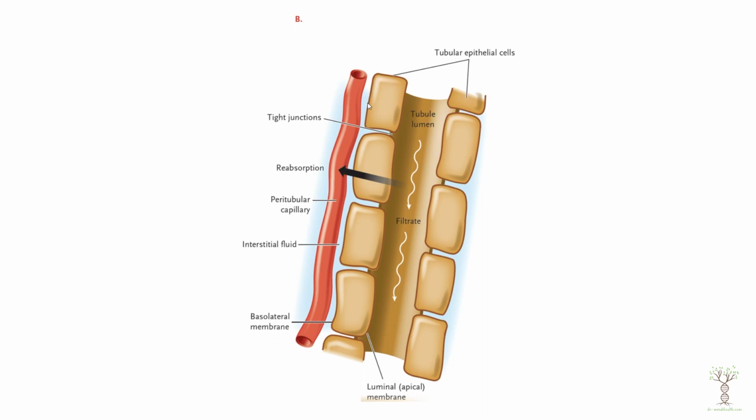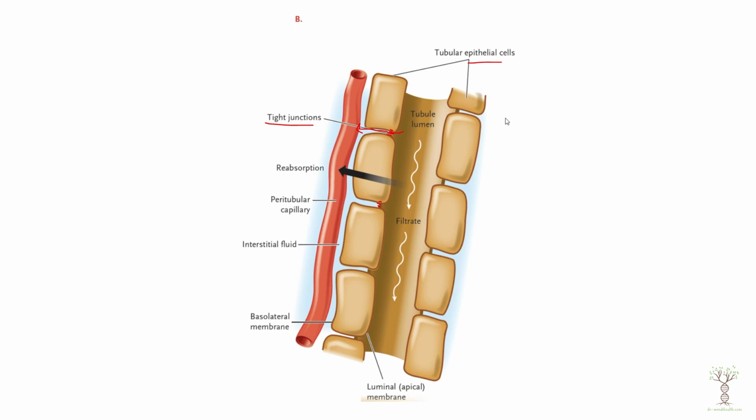Now, when we zoom into that section, we can see here, this is our tubule of our nephron, and it's made up of these epithelial cells. The epithelial cells contain tight junctions. So there are proteins in here that form a barrier. And this is to prevent all kinds of substances from moving out of the nephron that shouldn't. We need this process to be highly regulated so that only water really can move in between the epithelial cells.